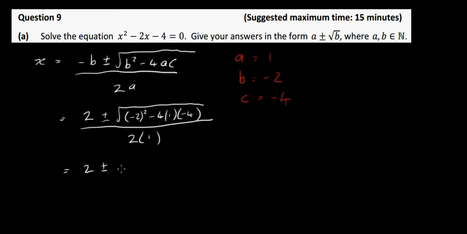So we end up with 2 plus or minus the square root of minus 2 squared is 4, minus times minus is plus. 4 4s will give me 16, and here I'll end up with 2 on the bottom here.